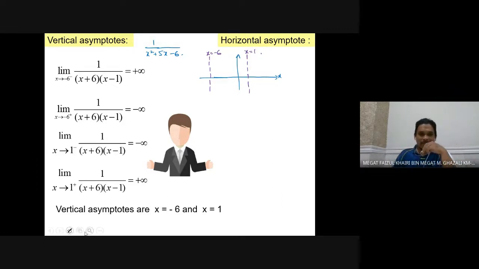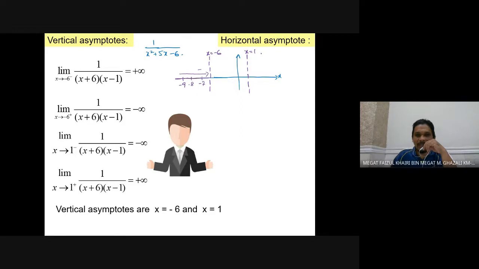So then when x is approaching negative 6 from the left. Okay, just imagine that this is negative 6, then we have negative 7, negative 8, negative 9. So let's say the movement of x from the left approaching negative 6: negative 10, negative 9, negative 8, negative 7.